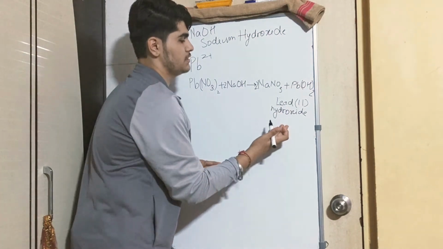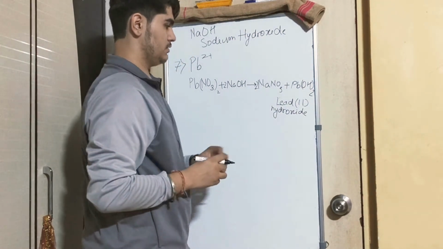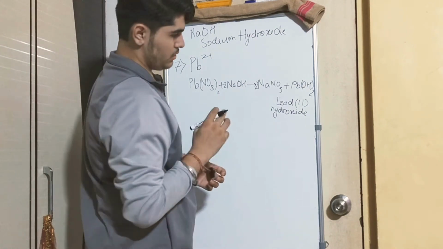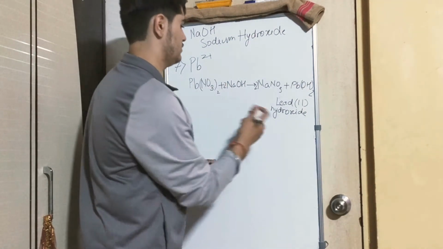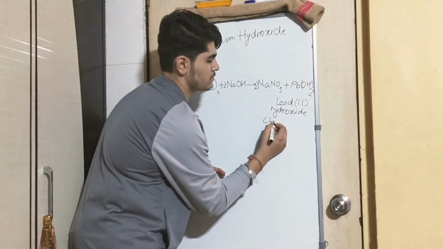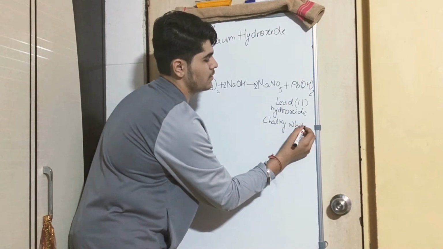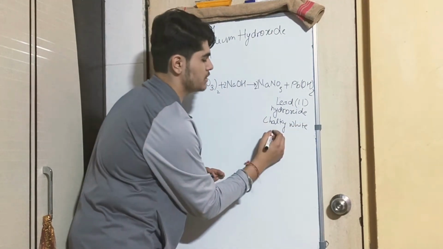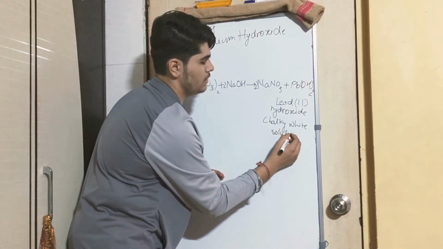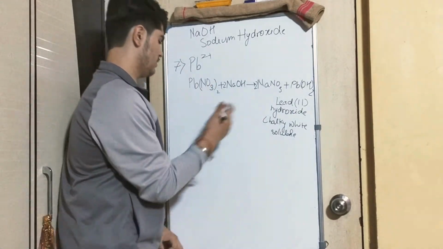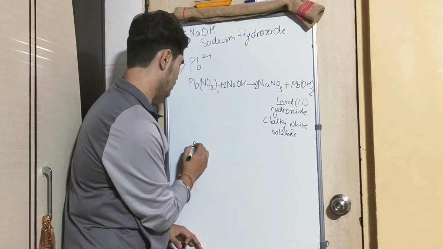This precipitate is chalky white, and it is also soluble in excess of NaOH. The reaction goes like this.